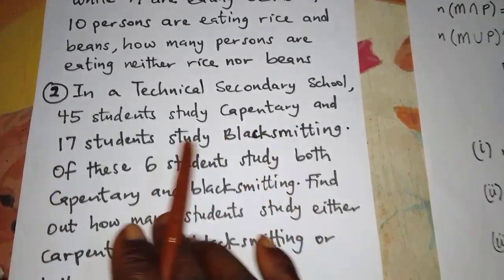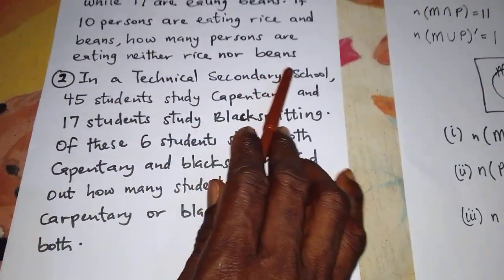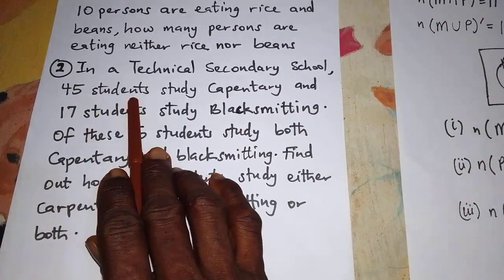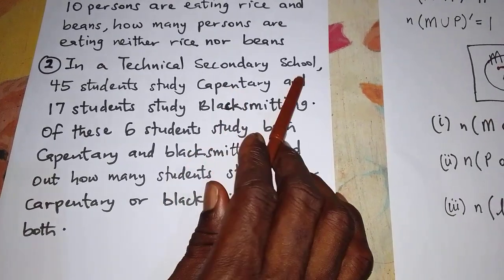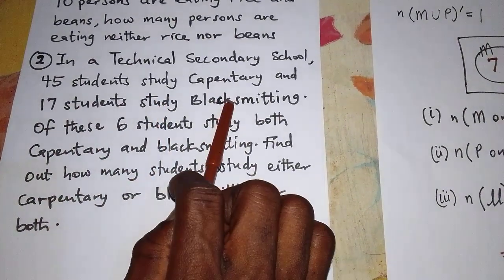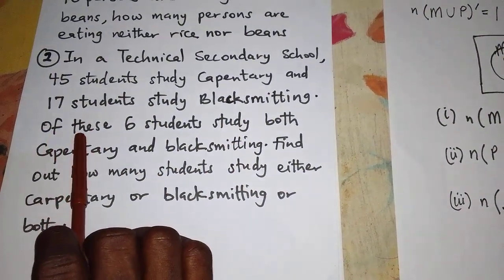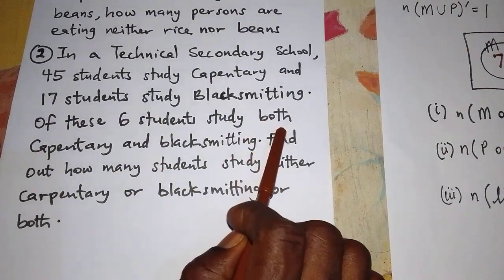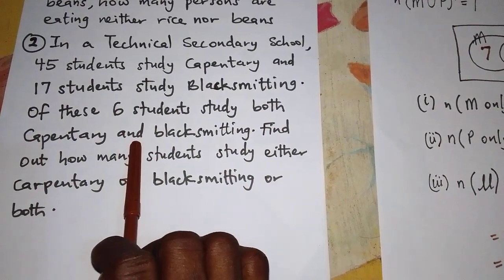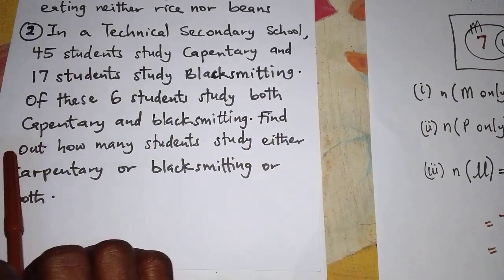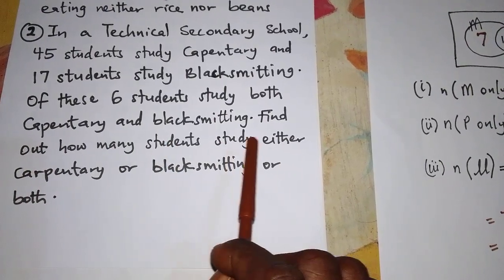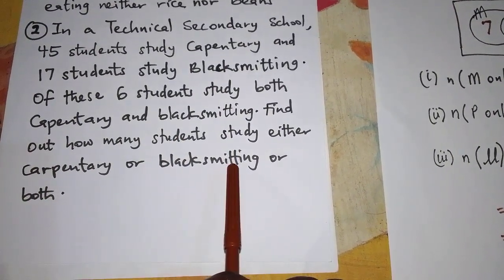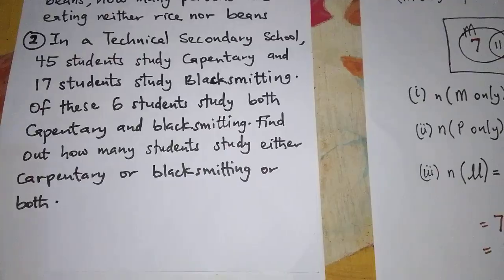Number 2, in a technical secondary school, 45 students study carpentry and 17 students study blacksmithing. Of these, 6 students study both carpentry and blacksmithing. Find out how many students study either carpentry or blacksmithing or both.